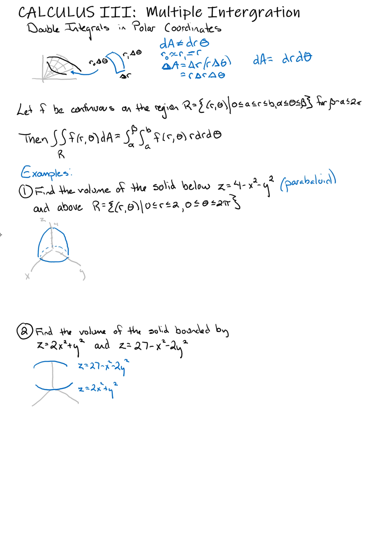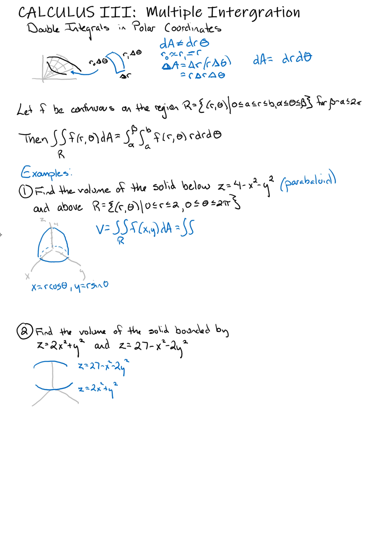All right, so if we want to find the volume here, that is the double integral over R of, now originally we thought of this as a function of x and y and then dA. So realize that in polar coordinates, x is equal to r cosine theta, y is equal to r sine theta.